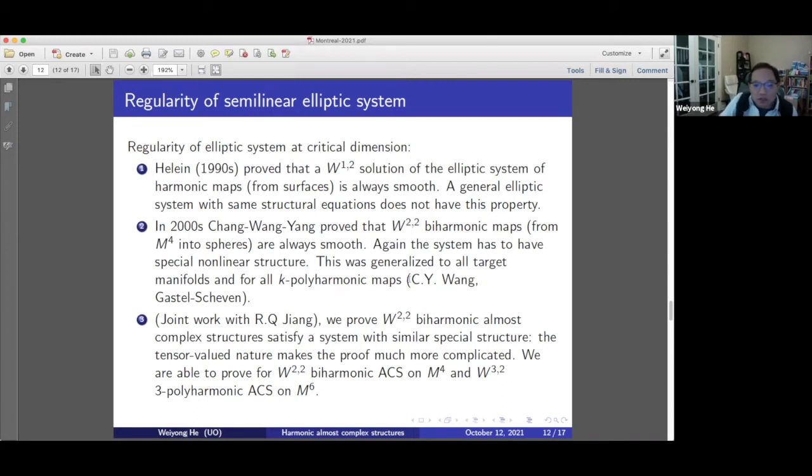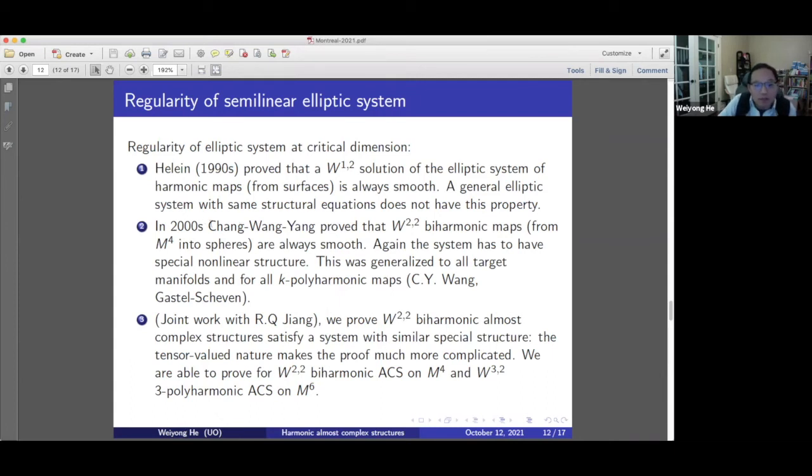So this was generalized to all target manifolds and for all k-polyharmonic maps in critical dimension by Wang and Gastel and Scheven. I think that was in 2004, and this is 2009. For us, our equation is actually a tensor valued version of biharmonic maps into spheres.